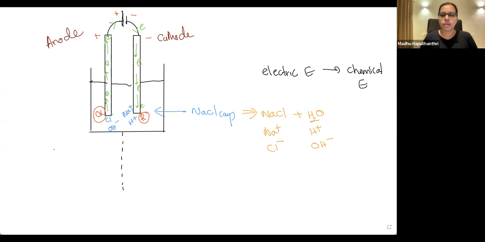I will give a small tip to keep that in mind: An Ox, anode oxidation. If oxidation is happening at the anode, then at the cathode, obviously, reduction should be happening.